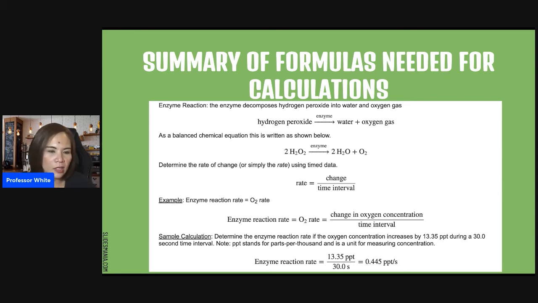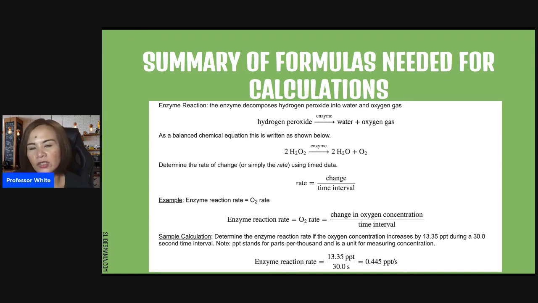In this particular example, if the oxygen change is 13.35 parts per thousand divided by 30 seconds, then you get the enzyme reaction rate, which is 0.445 parts per thousand per second. Okay, so that's basically it.